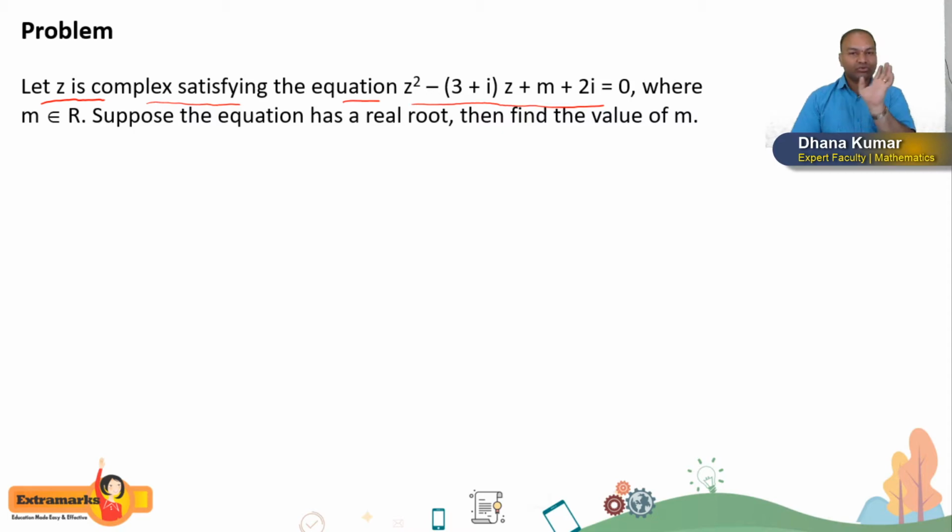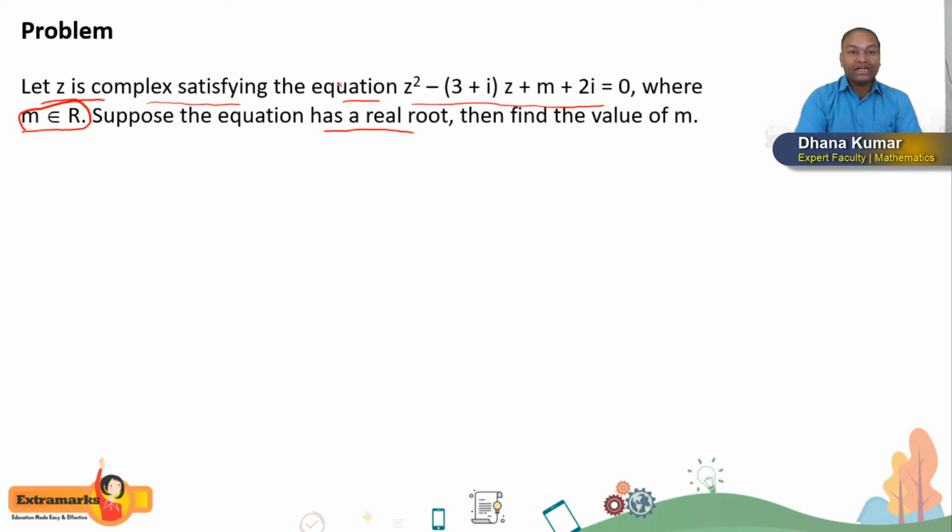Okay, z satisfies one equation where m belongs to R, means what? M is a real number. Suppose the equation has a real root, then find the value of m. Question understood?